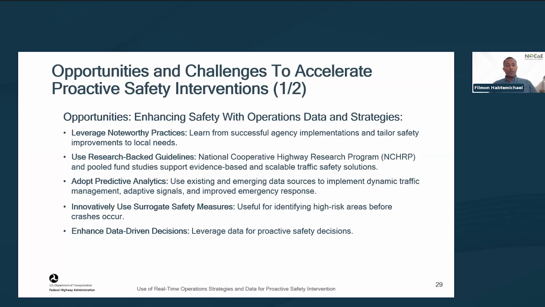There are a lot of documents now that talk about how these emerging data sets can be used to improve safety, and also how operations strategies can be creatively used to improve safety. Some documents are coming out from NCHRP and also FHWA and other reports that are backed by evidence and also provide scalable traffic safety solutions.